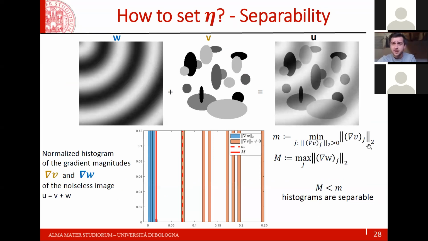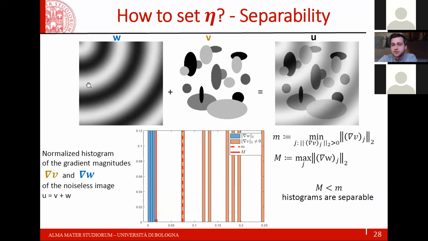So quickly, I should talk about separability. When we say that two components are separable, this is an additional assumption we need to make, because otherwise one part of one component, which we may assume to be smooth, can end up in the piecewise constant component and vice versa.